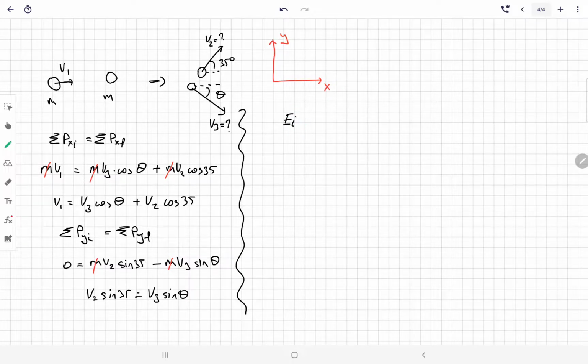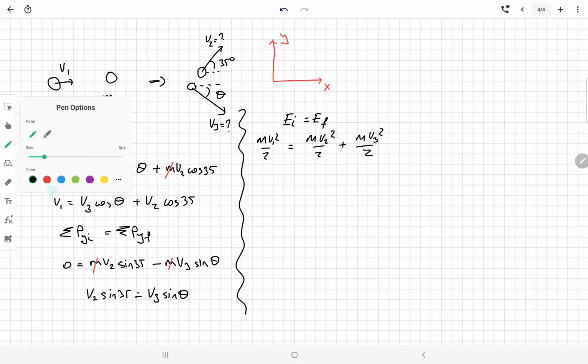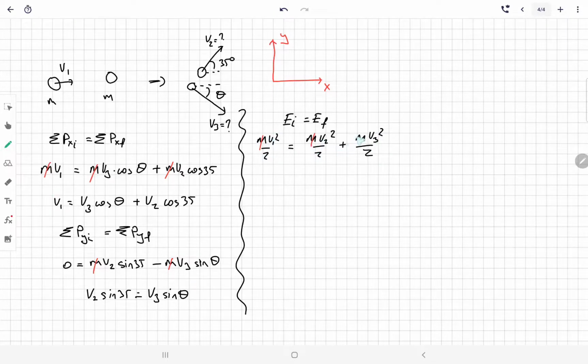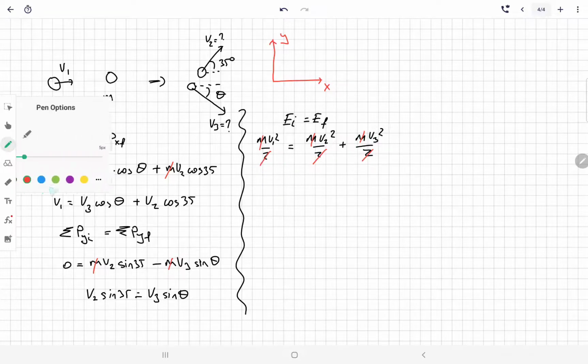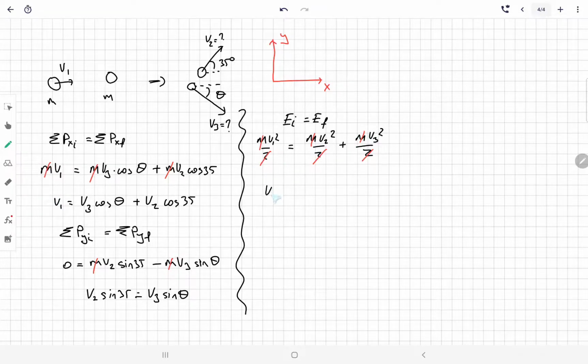Total energy before collision equals total energy after collision. Initially we have the kinetic energy of the first ball; finally we have the kinetic energy of the 2 balls. Removing the mass and the factor 2, we get v1 squared equals v2 squared plus v3 squared. This is our third equation.